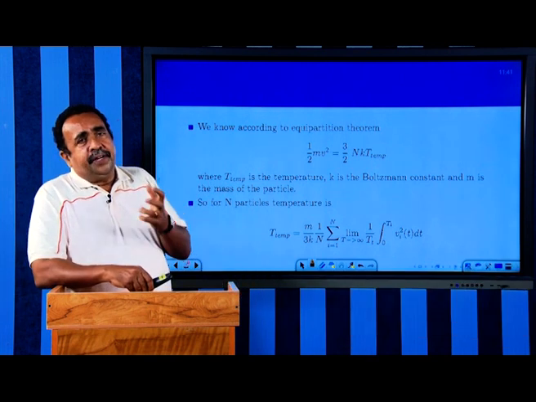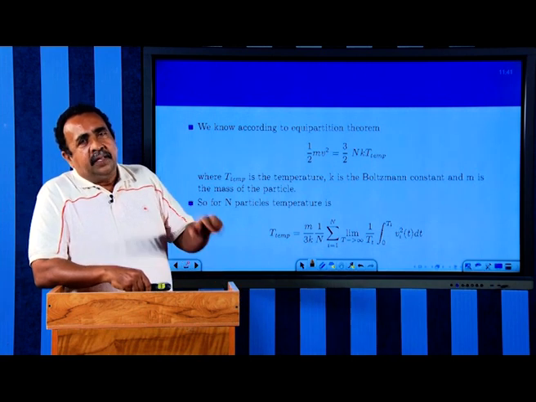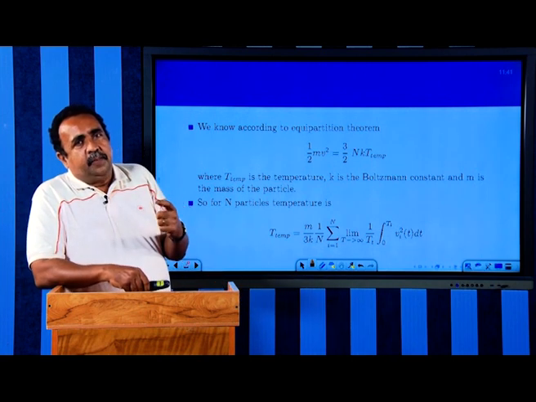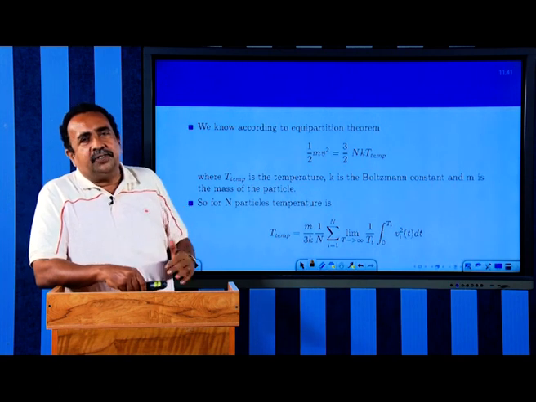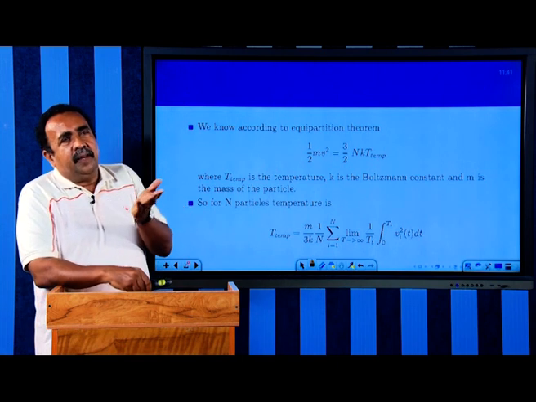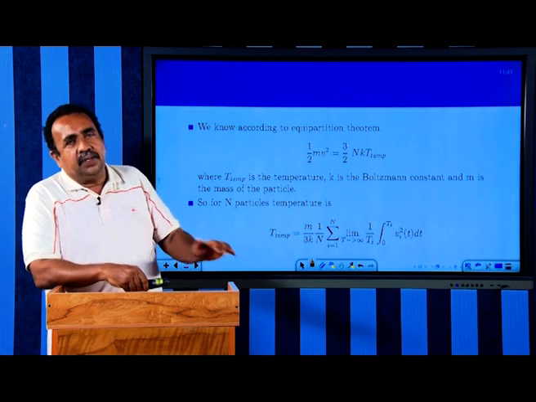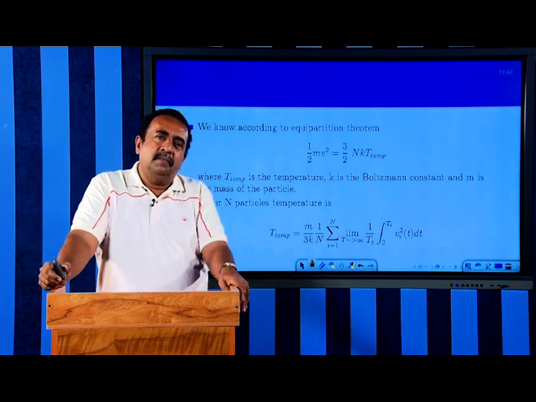Therefore, if I want the temperature in statistical mechanics, I have to take the time average of the square of the velocities for all the n particles. Even for a time t equal to some 10 seconds, this is a laborious process, almost impossible.